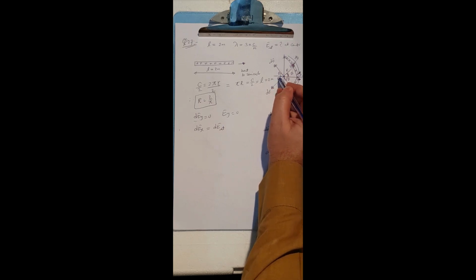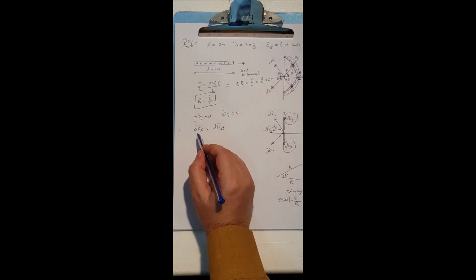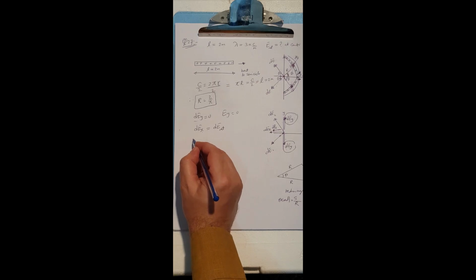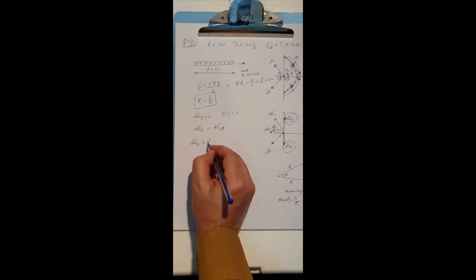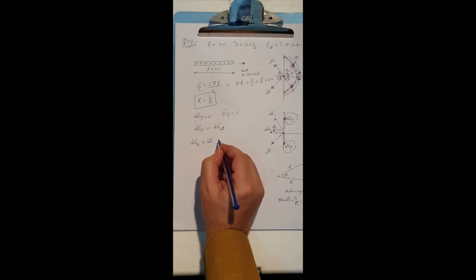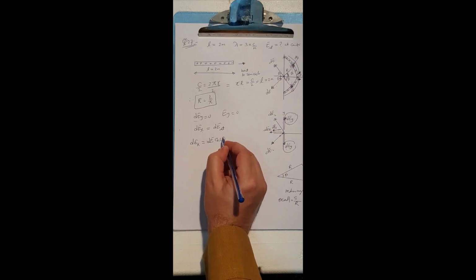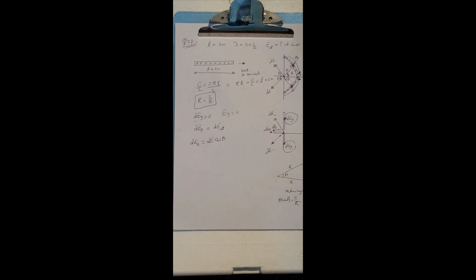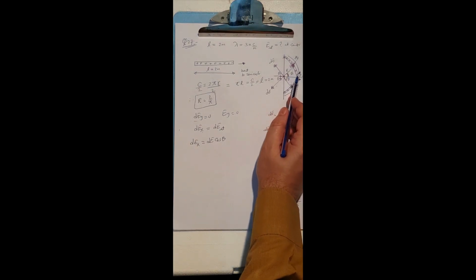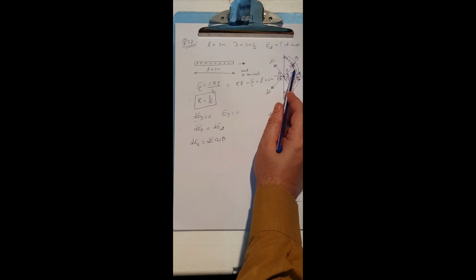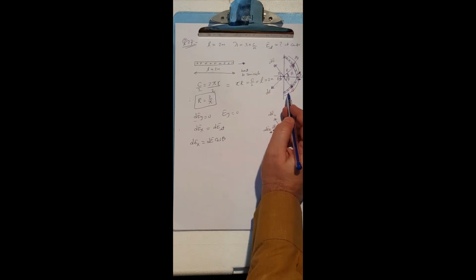So theta with X, which means dEx is dE cosine theta. So you have dEx, it's dE, the element, multiplied by cosine the angle theta. Theta here is not constant, because for the element here, theta is small, here it's larger, and theta changes.